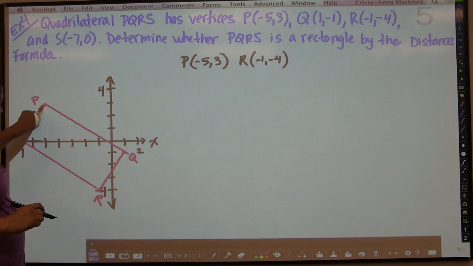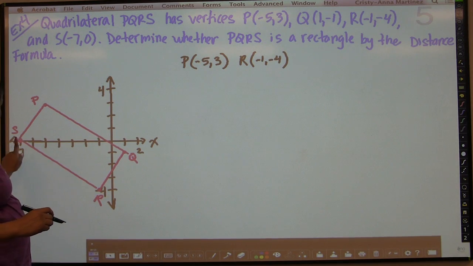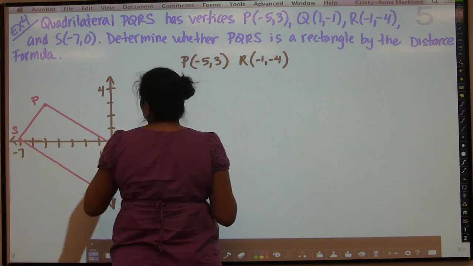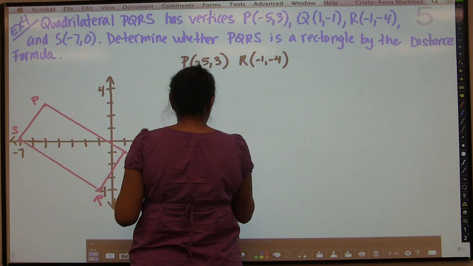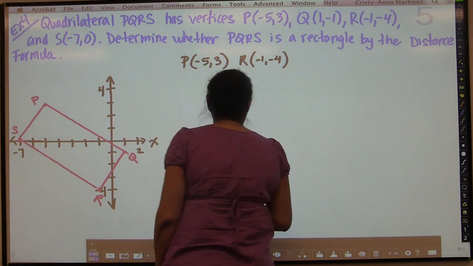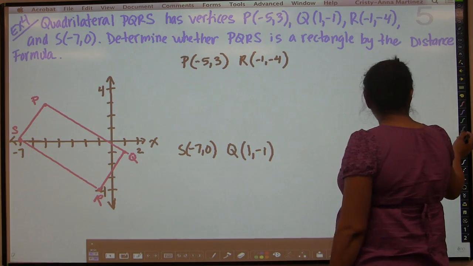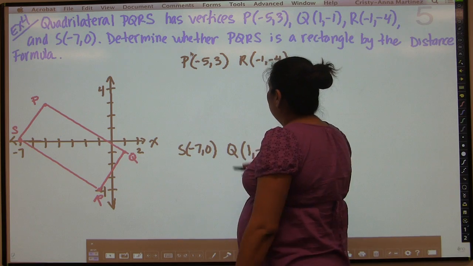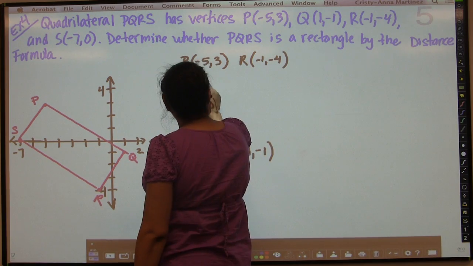And then, P to R is one diagonal, and then we have S to Q is our second diagonal. So S was negative 7, 0, and Q is 1, negative 1. All right? So now, we are going to do the distance formula to find PR.